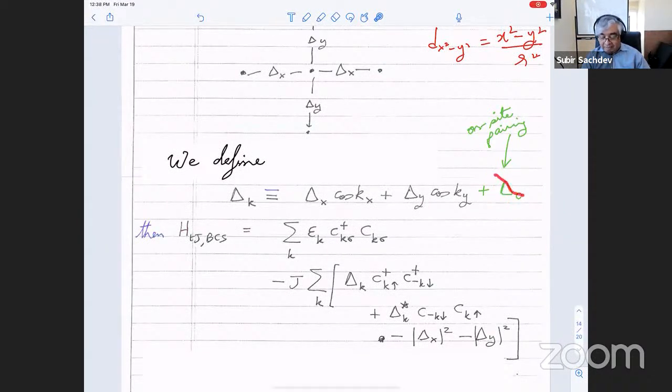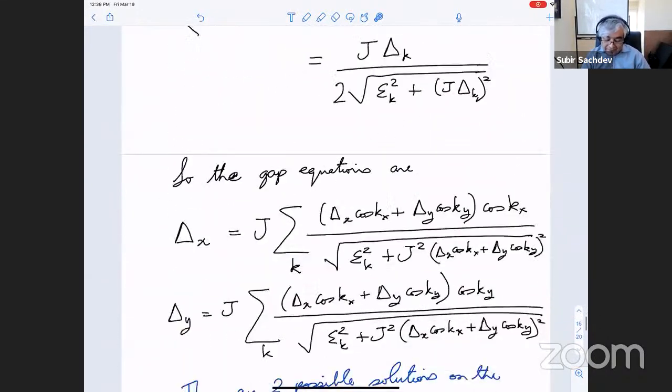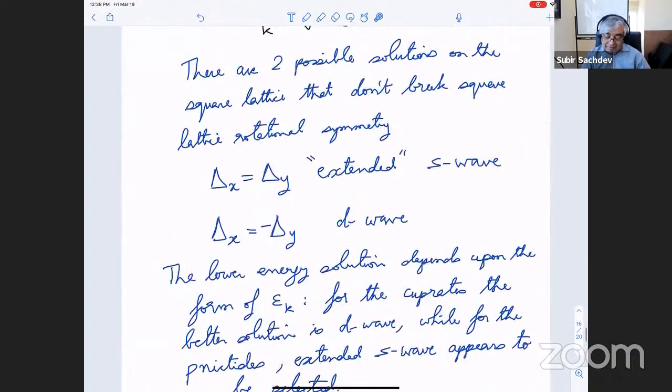And the reason you don't allow that is because you don't want the pairs to be on site. You want the pairs to be always on the bonds. And then, the Coulomb energy cost, you don't have to worry about it.